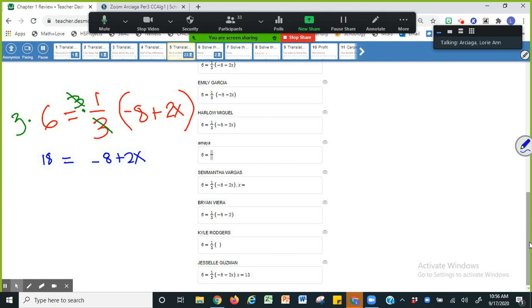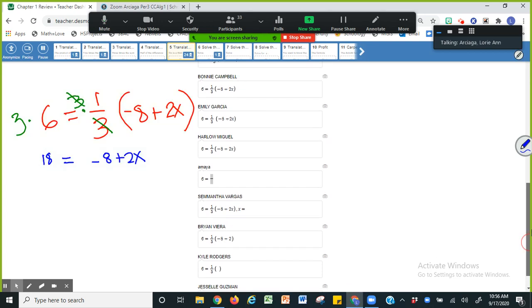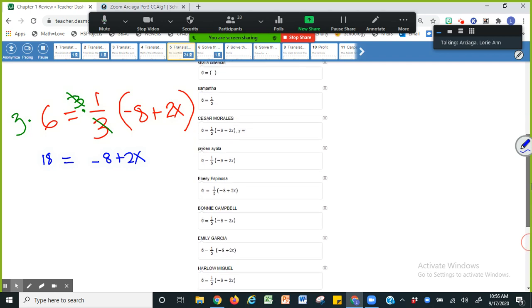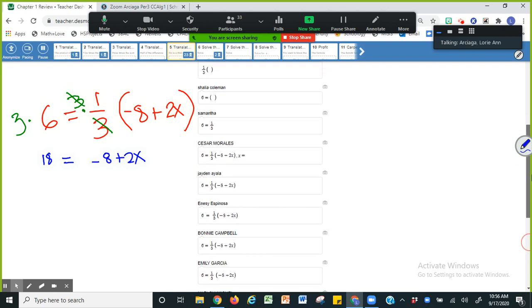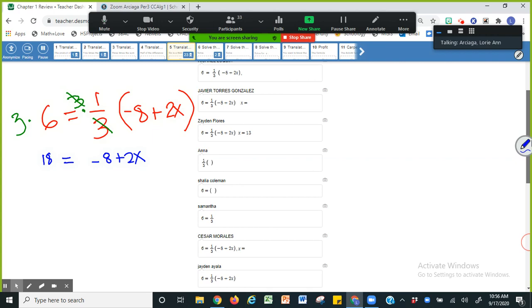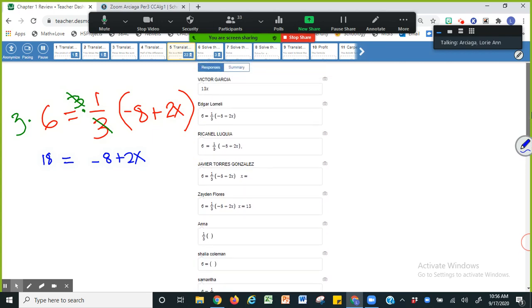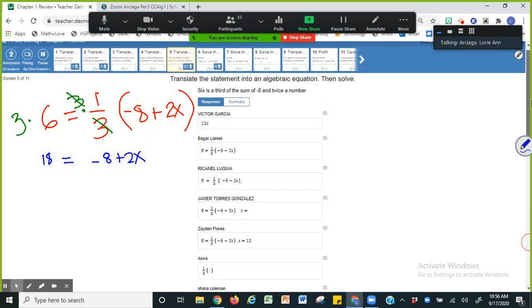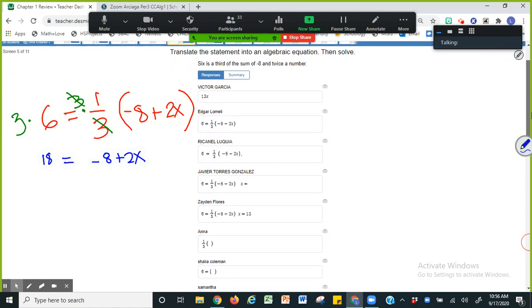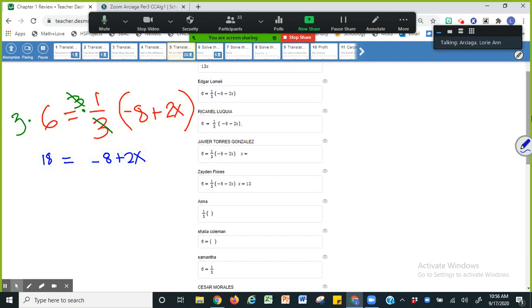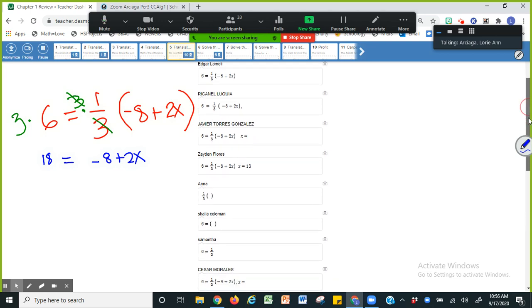And Giselle is done. All right. Let me scroll up. Keep going, Giselle. Don't wait for me, honey. Move on if you're done. Zayden got 13. Cool. Nice. If you're still solving, verify if what Zayden and Giselle got is right.